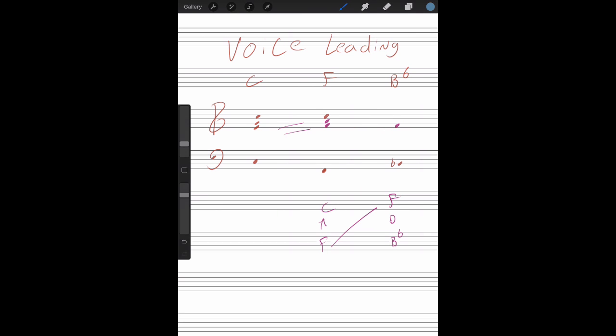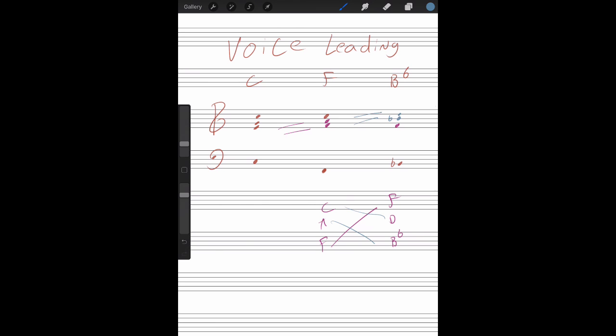Where does the A go? The closest is going up to a B flat. And where does the C go? Closest, C goes to a D. So those two moved up, and we kept one tone in common between each chord.